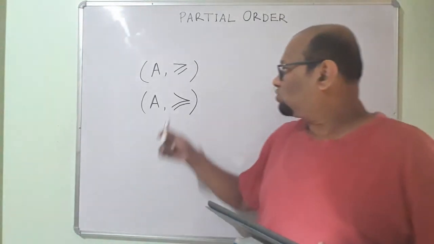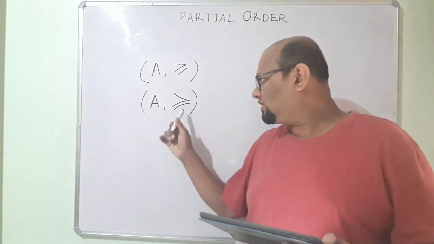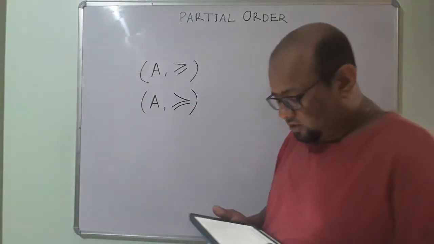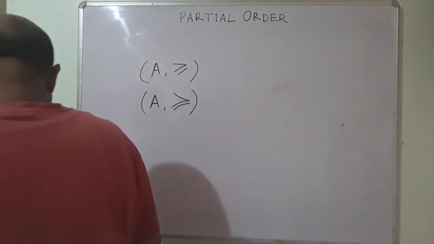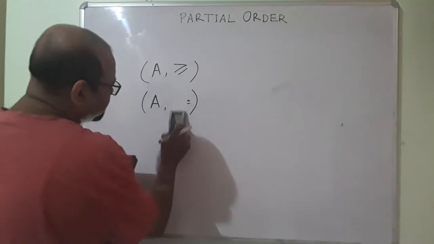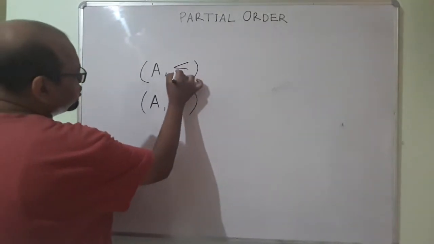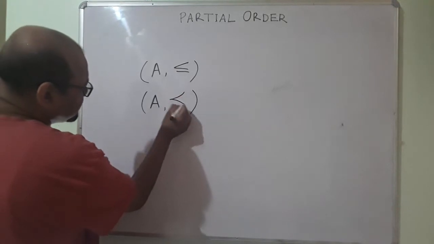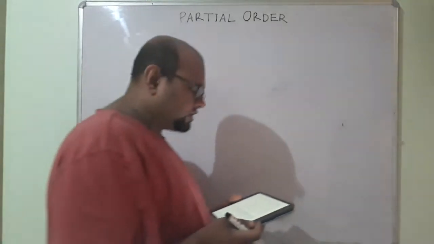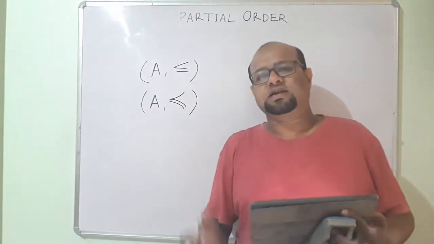With this generic symbol and this relation, we will talk about poset in general. Sorry, this is not greater than or equal to. We saw greater than or equal to is a poset, less than or equal to is also a poset. This is the symbol that looks like less than. So it does not matter what symbol we use. We just use a general symbol to indicate the relation.